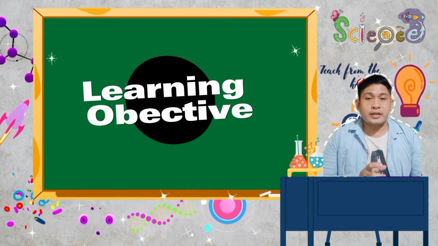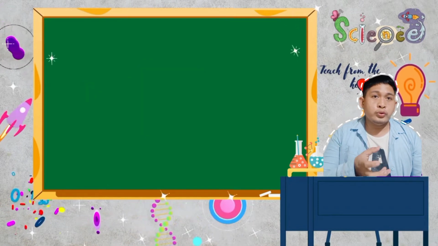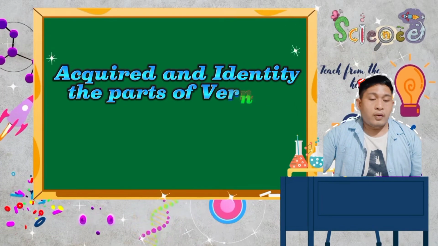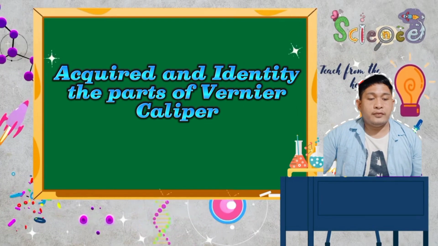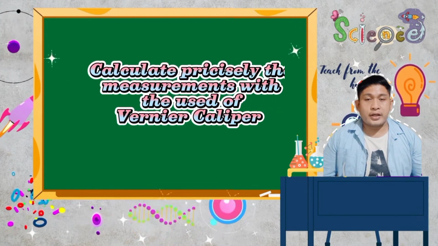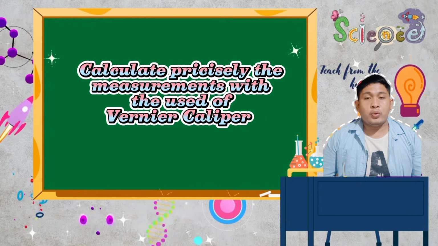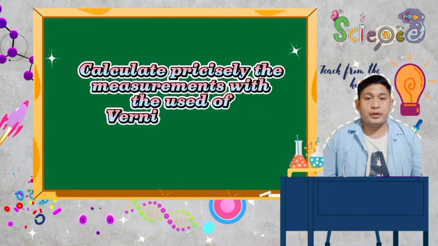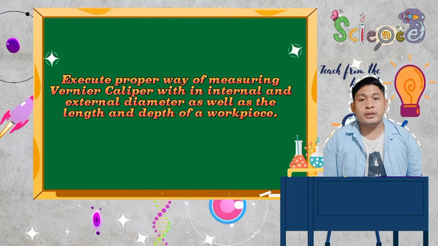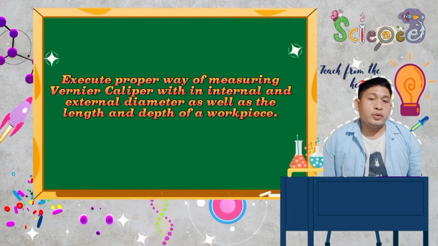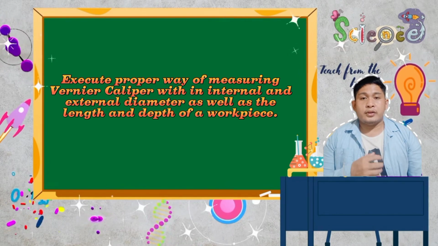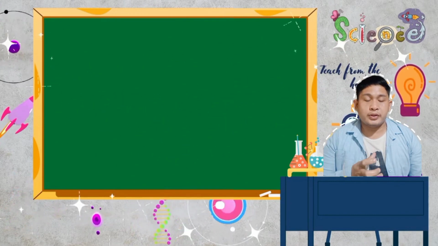At the end of the lesson, you should be able to identify the parts of the Vernier caliper, calculate measurements precisely with the use of the Vernier caliper, and lastly, execute the proper way of measuring with the Vernier caliper, including internal and external diameter, as well as the length and the depth of a workpiece.